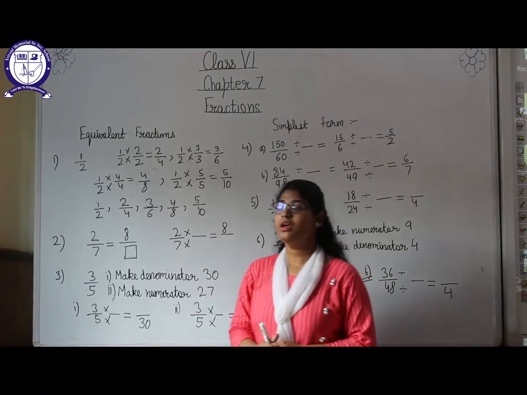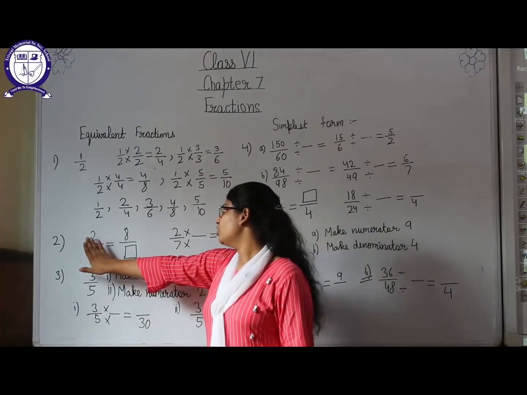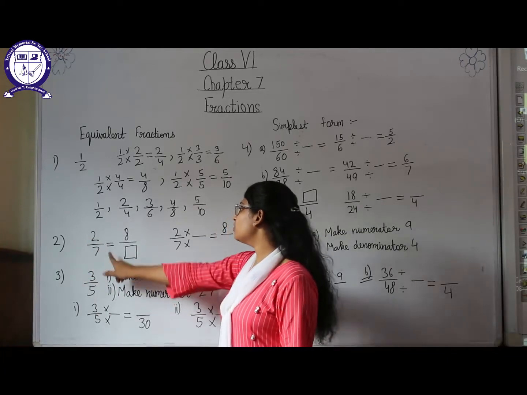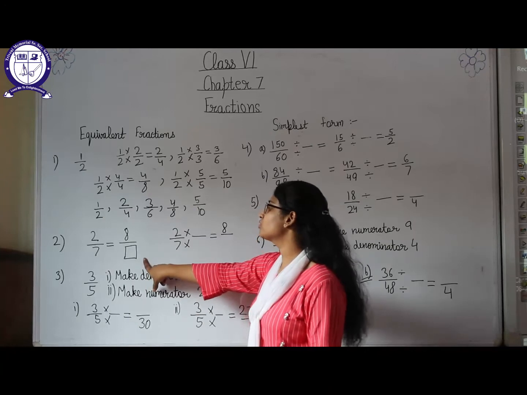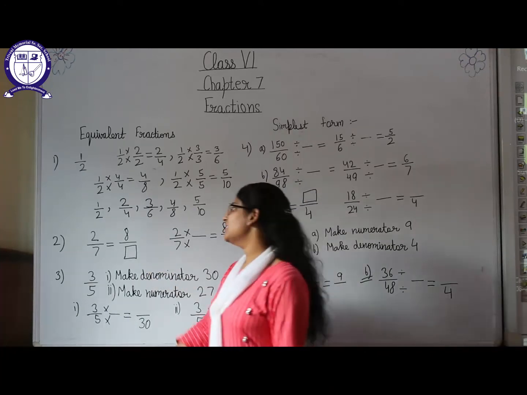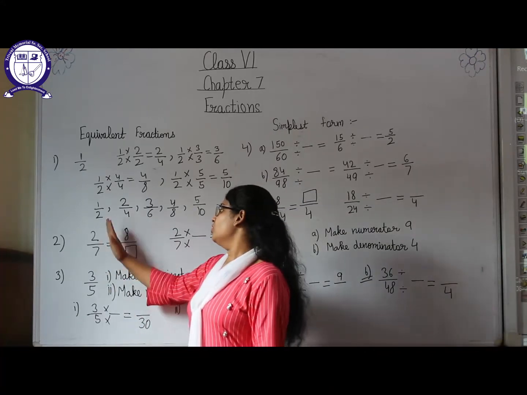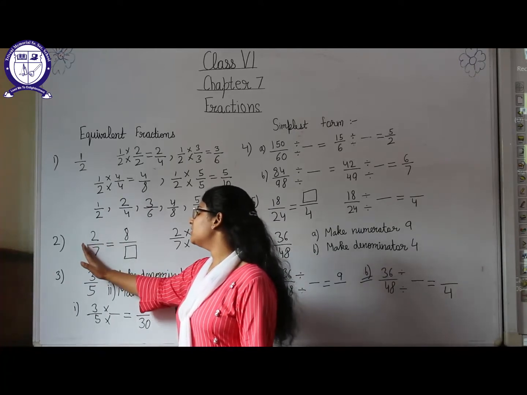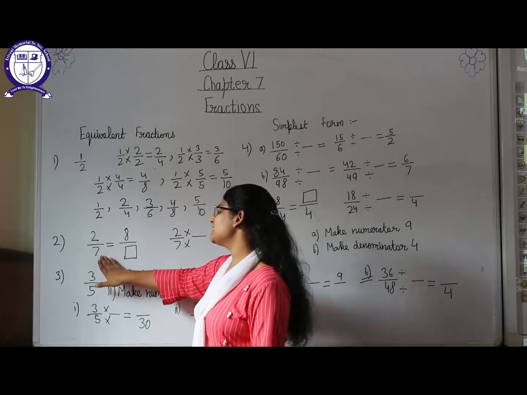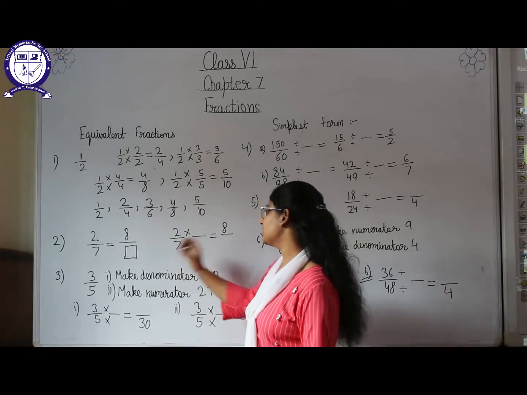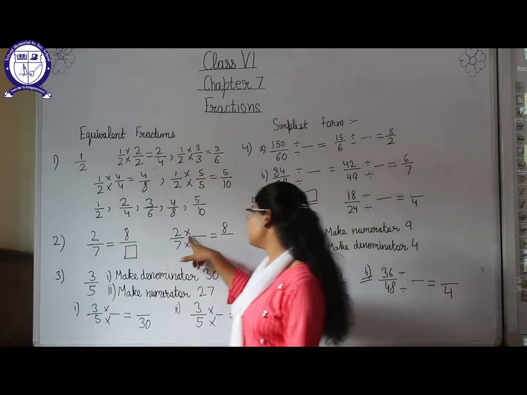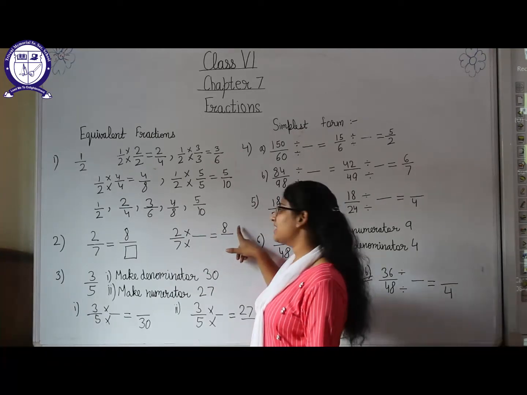Now the second question is given to you. 2/7 is equal to something over 8, and you have to fill this box. So students, in this you have to find the equivalent fraction of 2/7 so that the numerator is 8. Suppose 2 is multiplied with some number and you are getting 8.